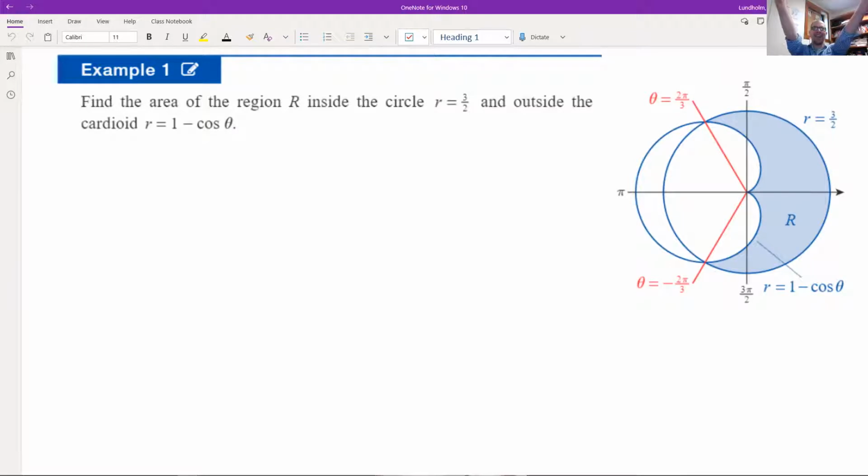First one, find the area of the region R inside this circle and outside the cardioid, the heart shape, over here on the left. So we are finding this blue crescent moon shape.